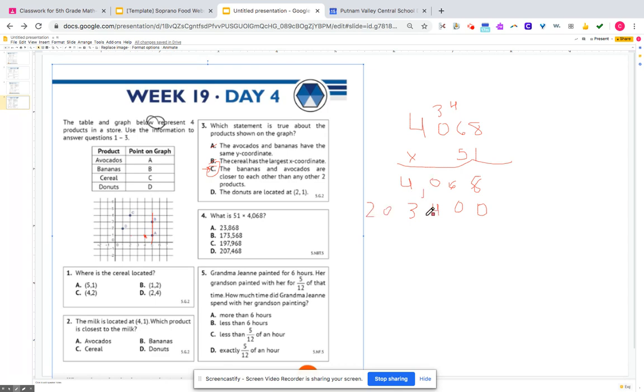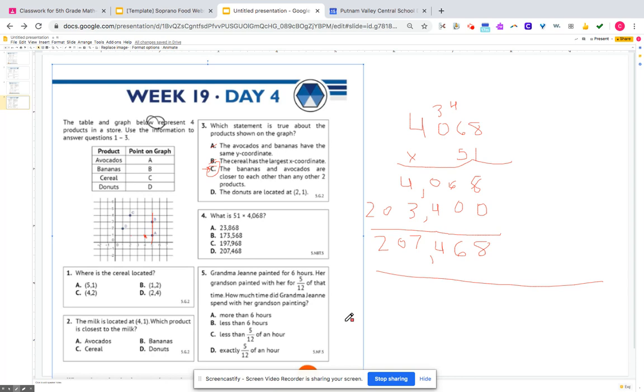I'm going to put my commas there to help keep my numbers consistent with a proper place value. Adding, 468, that would be 7,000. 207,468. There it is.